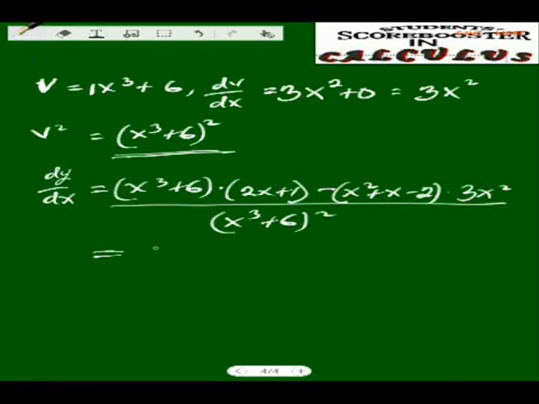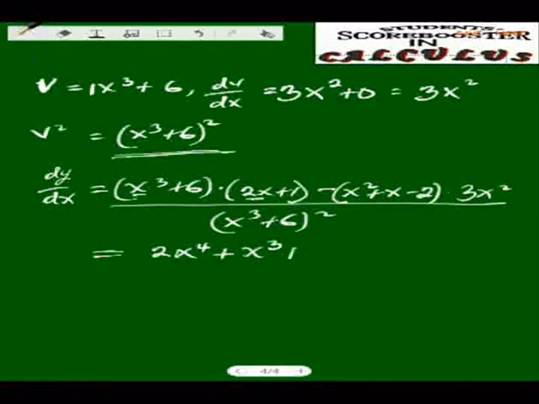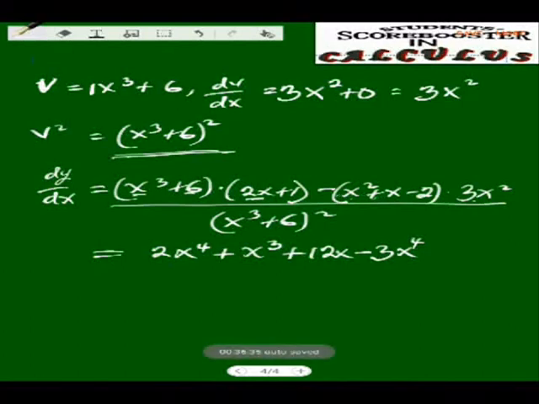So if you simplify this, you're going to have x cubed times 2x, which is 2x raised to power 4, plus x cubed again times 1, that will be x cubed, plus 6 times 2x, that will be 12x, minus 3x squared times x squared, that will be minus 3x raised to power 4. This minus will multiply this, so change this to minus, and change this to plus.